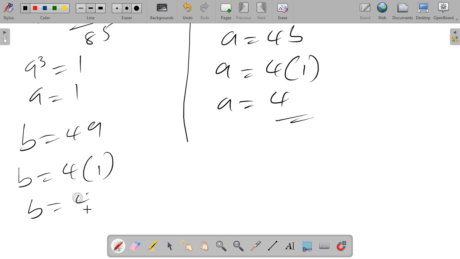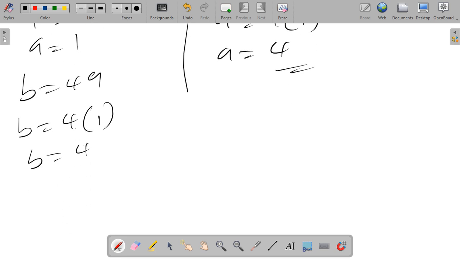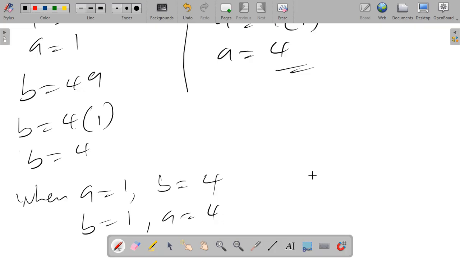So the answer is that when a is equal to 1, b is equal to 4, and when b is equal to 1, a is equal to 4. The answer is simply 1 and 4, in any order, a and b or b and a.